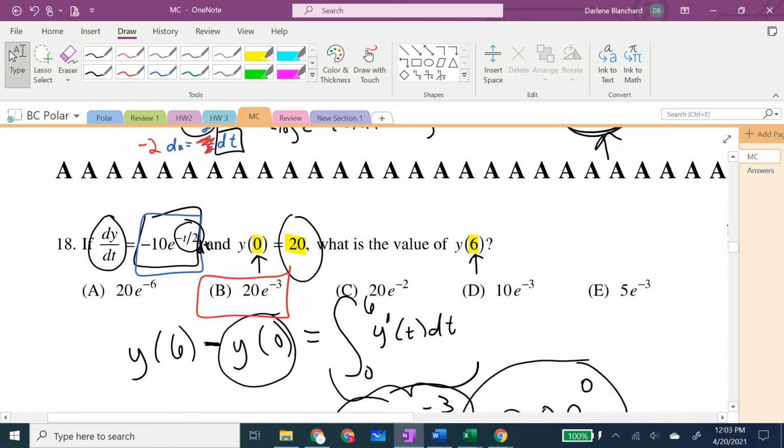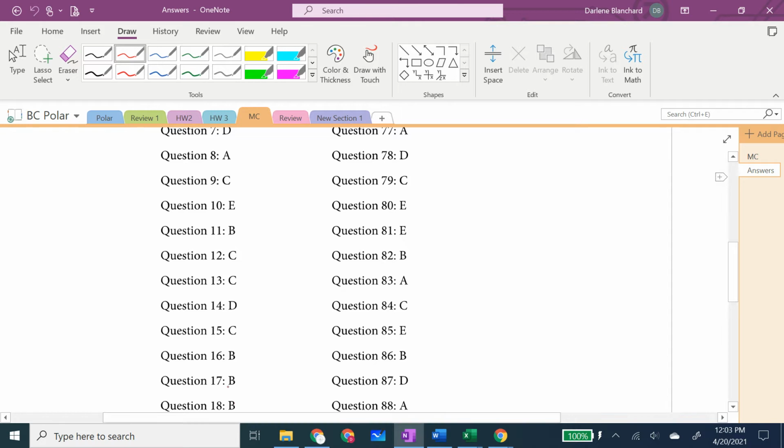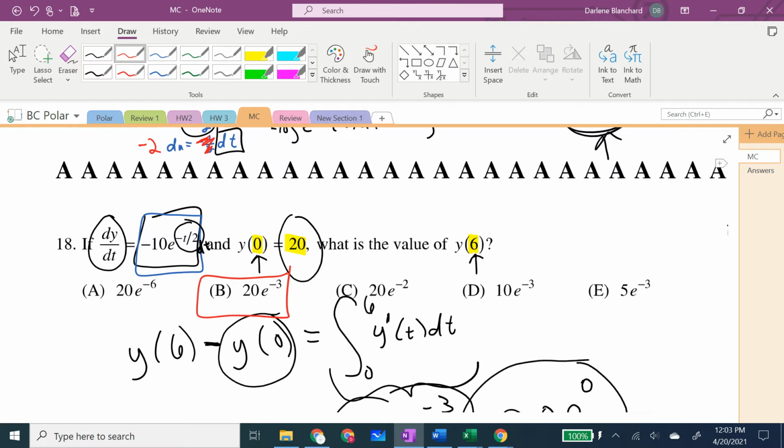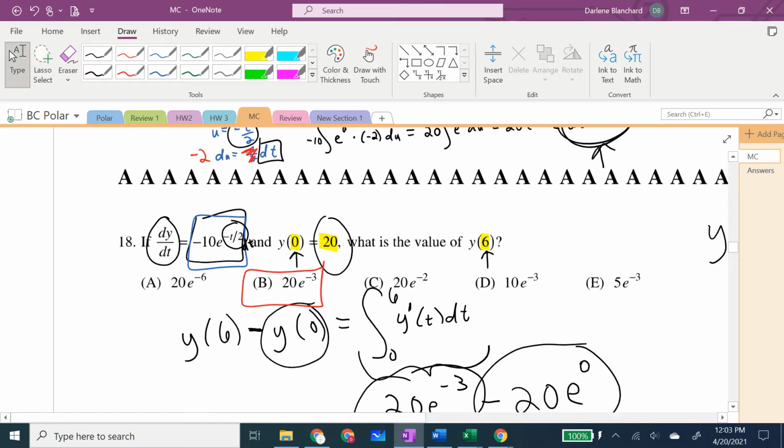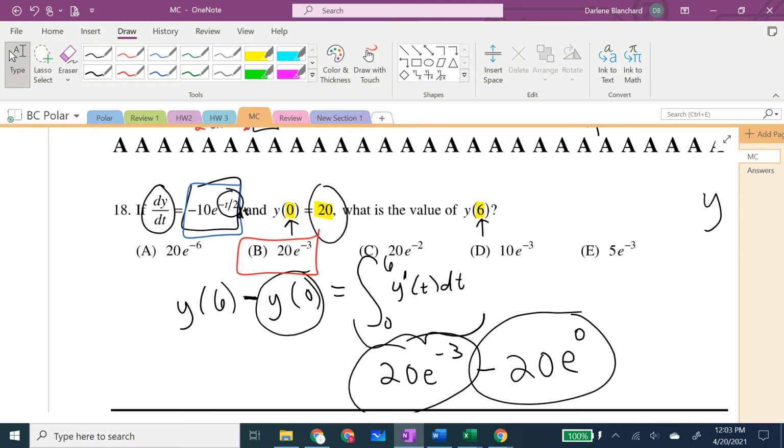And question? Number 18 is B. Yes, question. So on this one, I just integrated the derivative and saw there was 20 e to the negative third. Didn't worry about the constants, so that was the only answer. Is that good to rely on? Yes. With multiple choice, if you see a faster way to do it without doing the whole thing, that's what it's meant for.